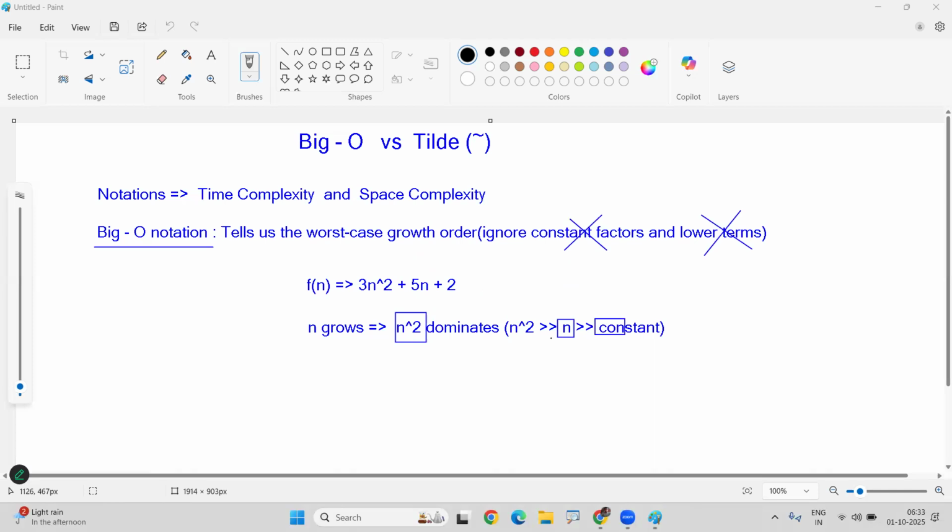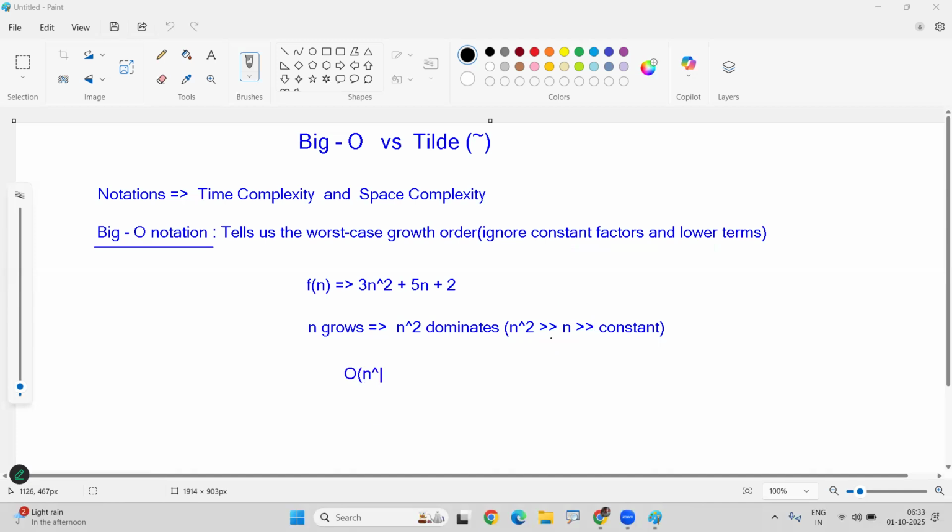We just drop those constants. So simply, big O notation is order of n square.